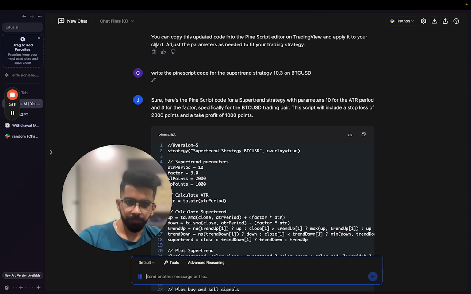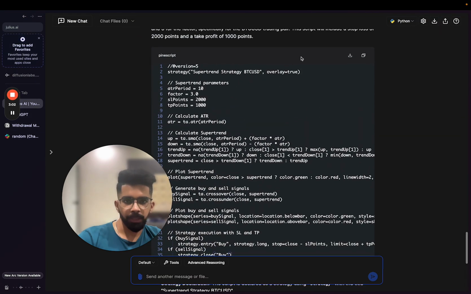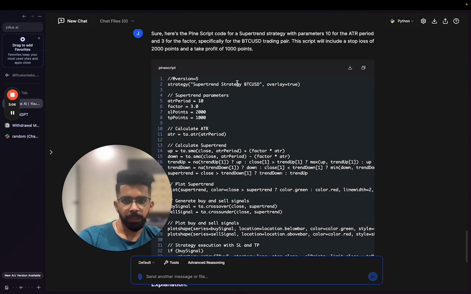So I'll be using Julius here, and Julius has given us the code, so let's just copy it and paste it. As you can see, we asked it to create the super trend strategy on Bitcoin with ATR period 10 and factor 3.